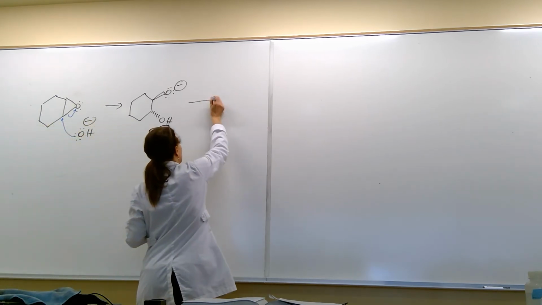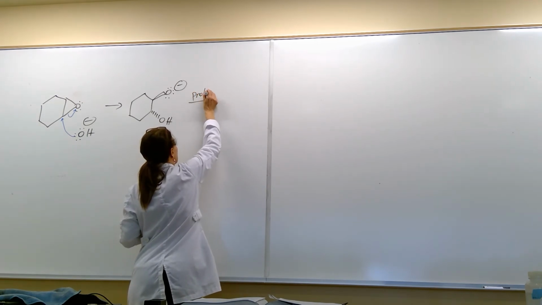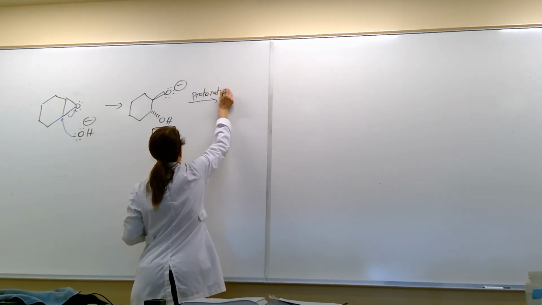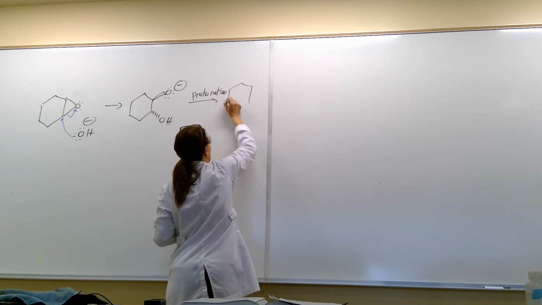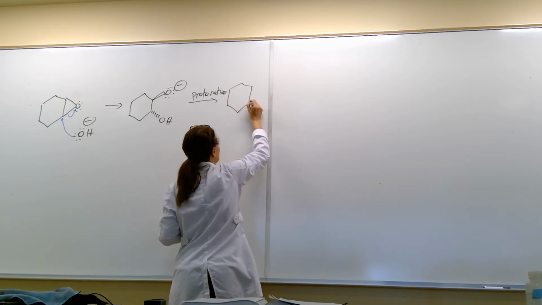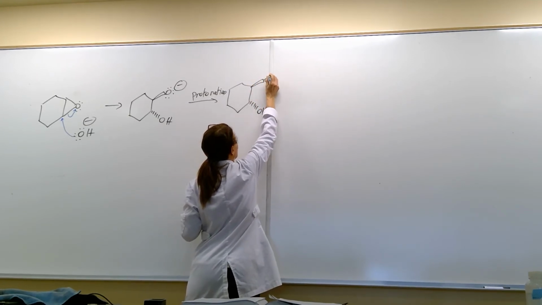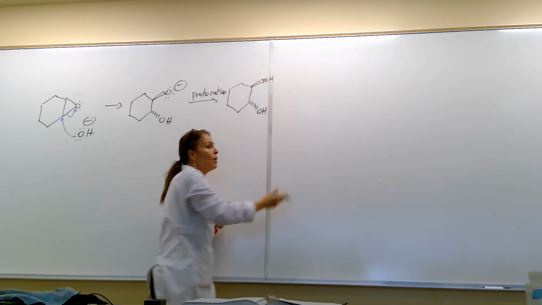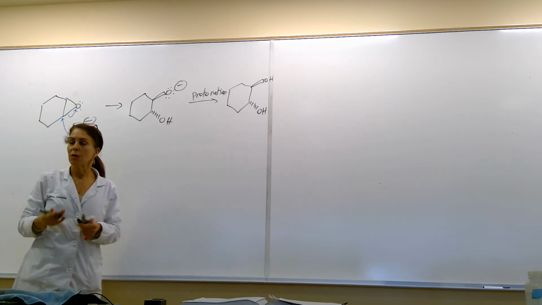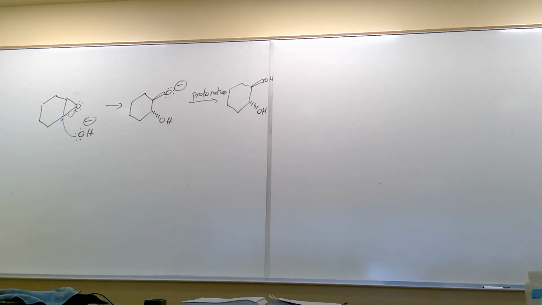Of course, it is protonation. So you end up with a diol. This is called a diol. 2 alcohols, that's what the diol means. And with 1 OH up and 1 down, these are trans diols. Okay?